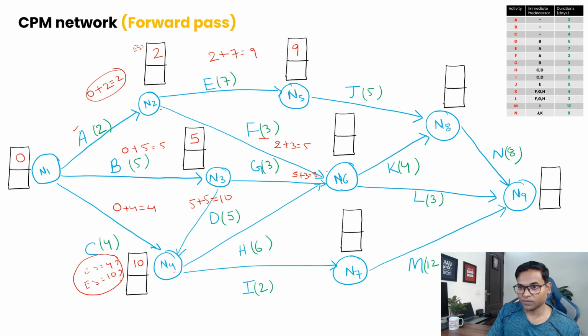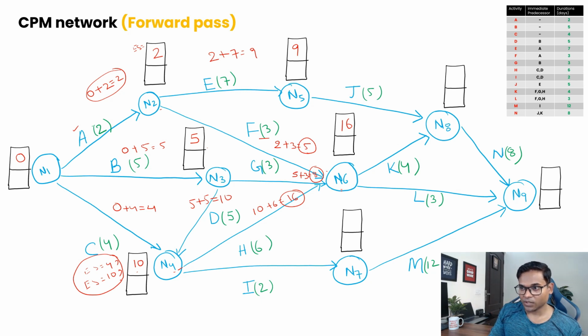Then there's another path from N4 to N6. At N4 we had an early start of 10, the duration is 6, so this should be 16. So now we have 3 options: 5, 8 and 16. At this node the early start should be the maximum of these, which is 16. So now we found the early start of node 6 also.